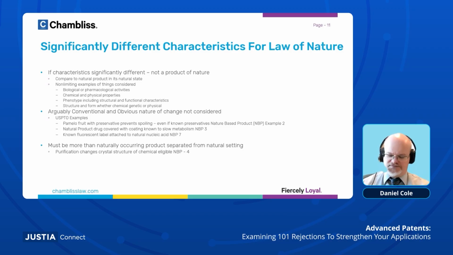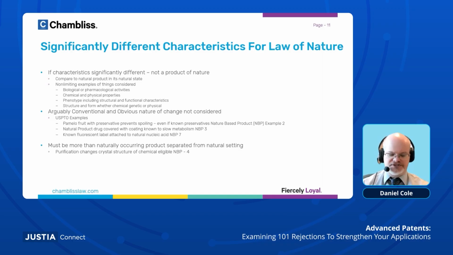So if you get a product of nature exception, but you can go, oh wait, the characteristics of what I have are very different than this item in nature, and you can prove that, you can now get around this exception. So you have to compare what you're patenting to the natural product in its natural state. Things to consider are things like biological or pharmacological activities.